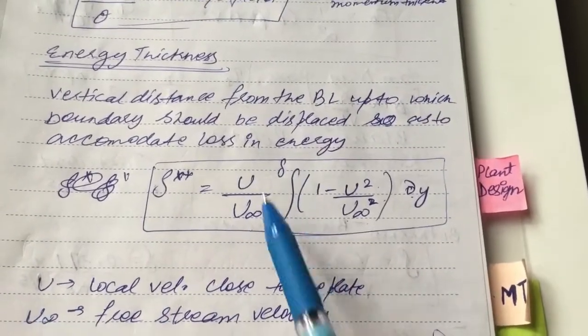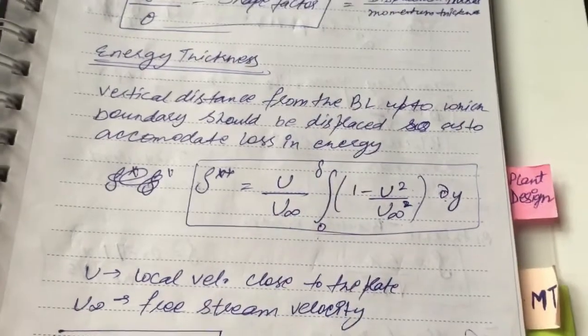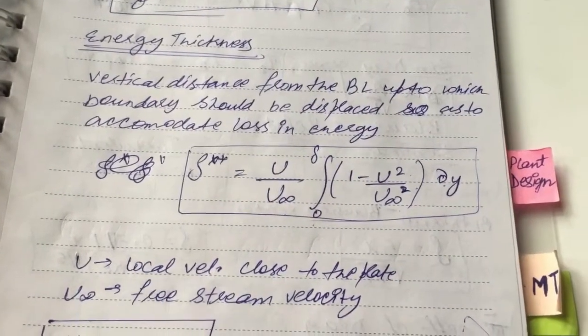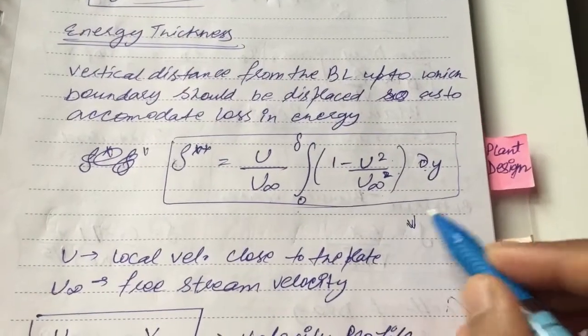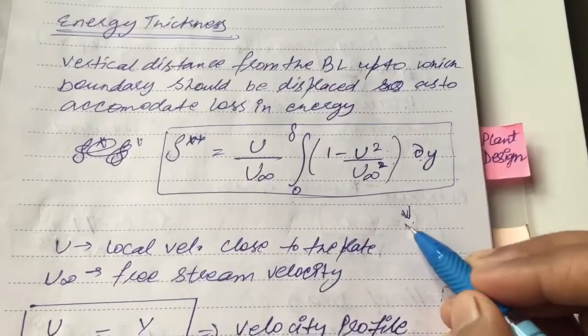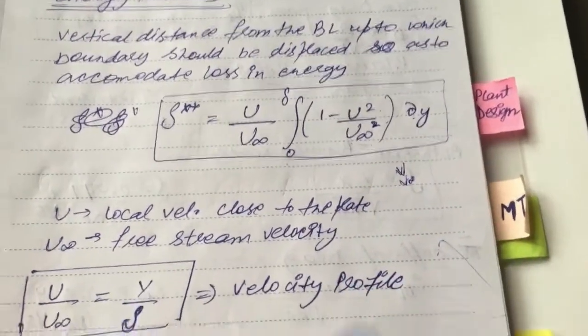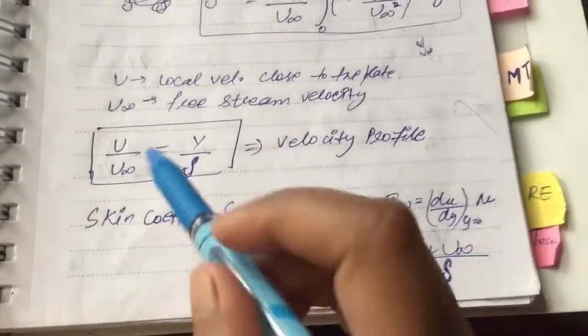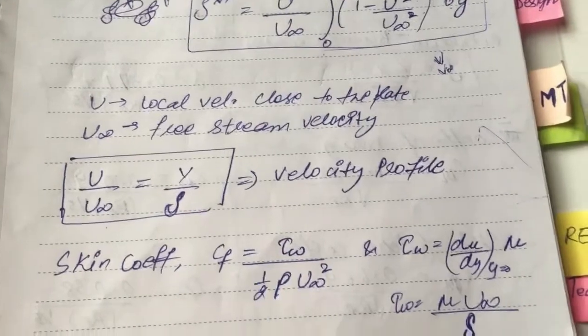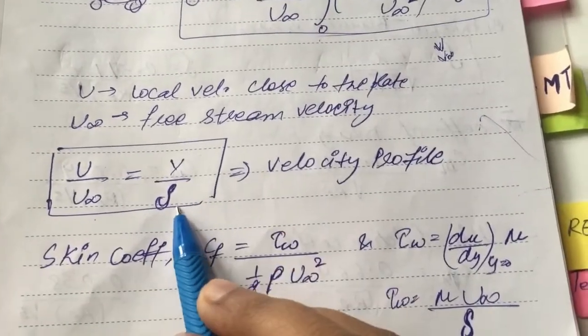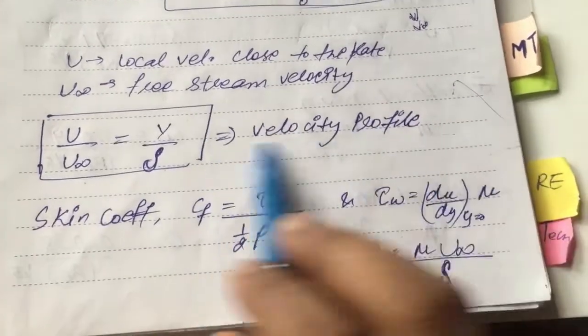U is our local velocity close to the plate, and u infinity is the free stream velocity. The velocity profile is u by u infinity equal to y by rho.